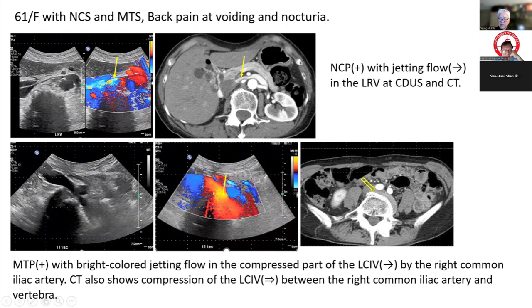But at color Doppler ultrasound, we can recognize that the color changes in this compressed area to a bright yellow color. So it means that the velocity in this area is different from these areas, and we can say there is a compression phenomenon, the May-Turner phenomenon, here. And this is a CT scan showing some compression.